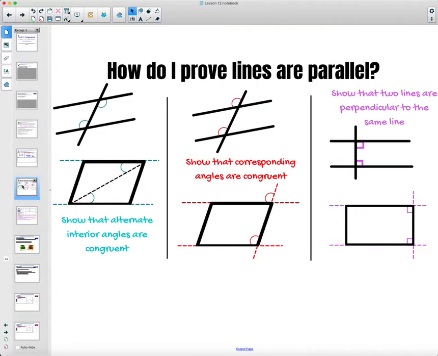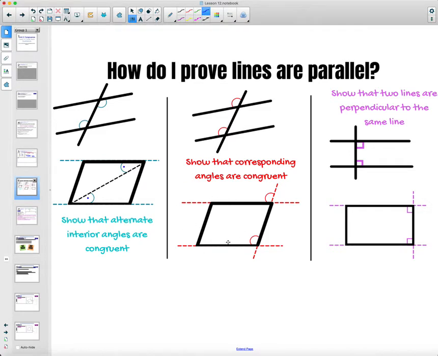Here are some ways that we know how to prove that lines are parallel. If we were to see alternate interior angles congruent, then the lines would be parallel. That might show up like this, or in a quadrilateral, it might show up with a diagonal, seeing this angle congruent to this angle, which would prove those top and bottom lines are parallel.